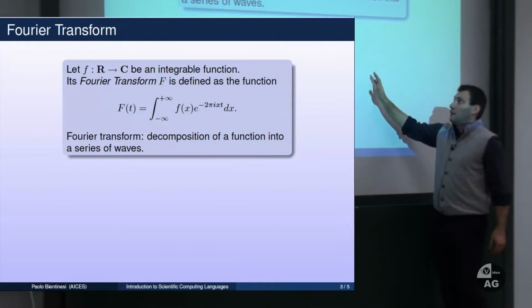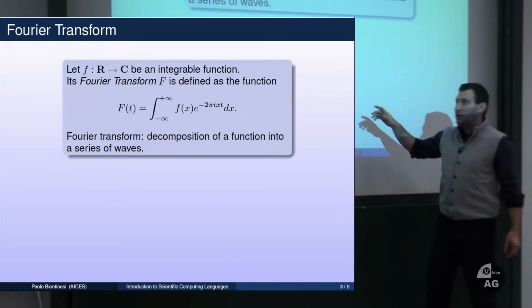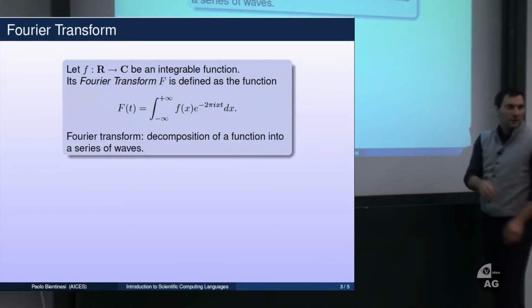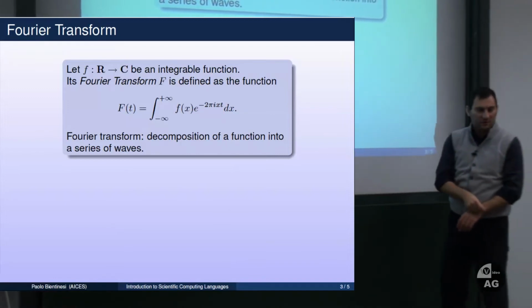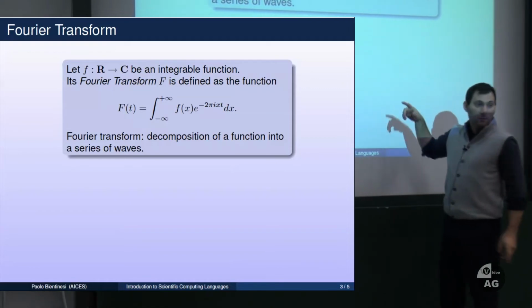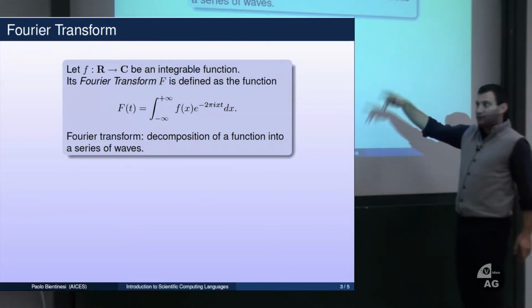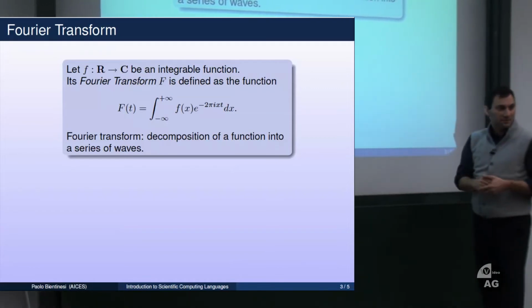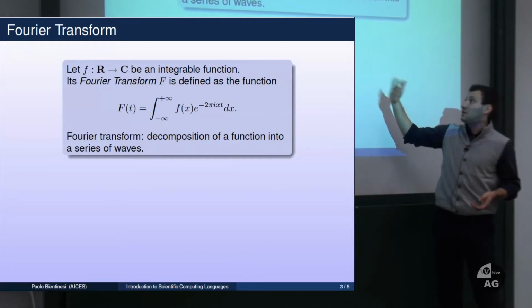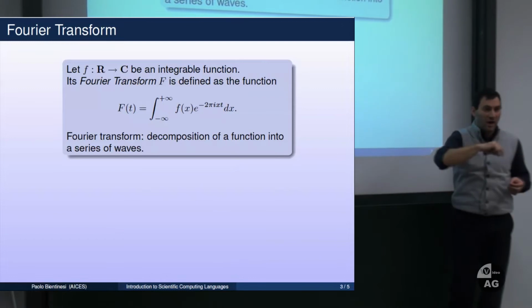Okay. Let's think of it as a signal. What is a signal? It's something that goes on with time. And maybe it's periodic. It doesn't have to be periodic, but we think of it as periodic. And what we want to do is to represent this function as the sum, as a series, of many wave functions.